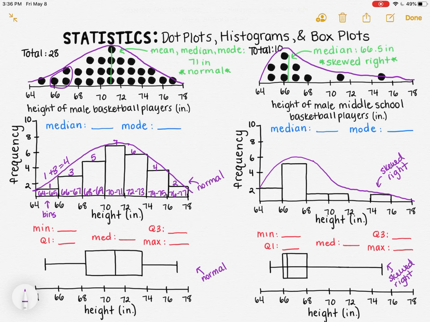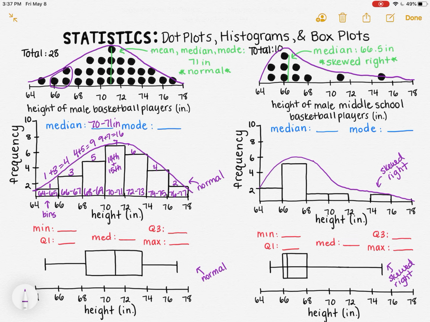Now I'm going to keep adding on. My next bar is 5, so 4 plus 5 gives me 9 people. I still haven't gotten to a range with 14 in it. Next I have 7, so 9 plus 7 gives me 16 people. That means my 14th and 15th person must be in this middle bar. So the median must be between 70 and 71 inches.